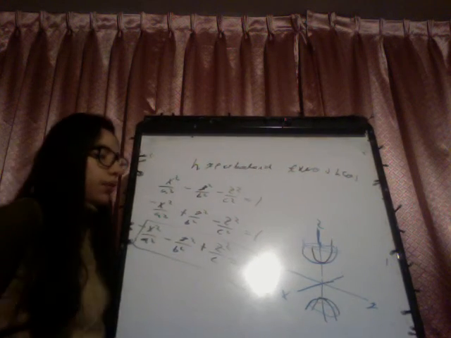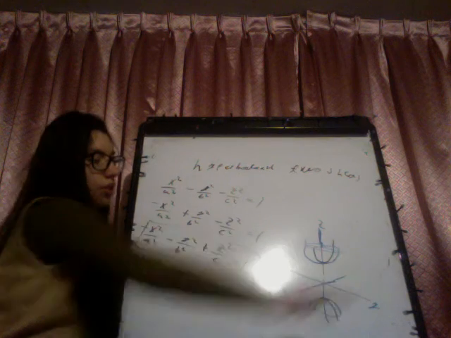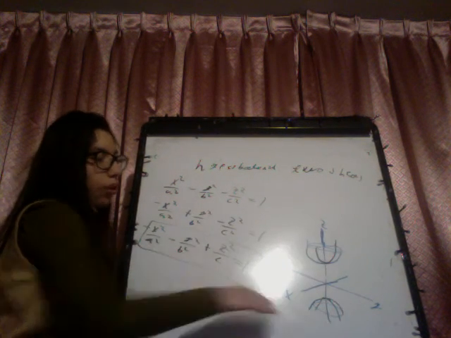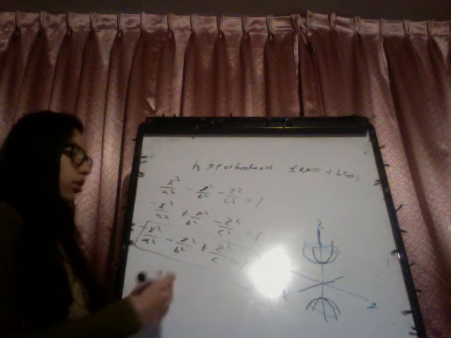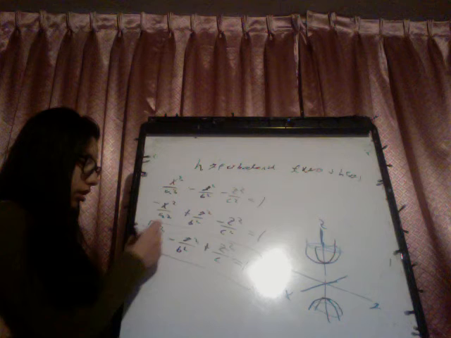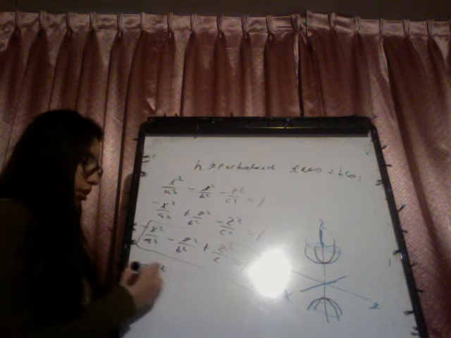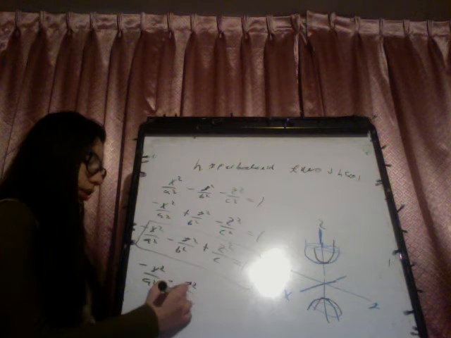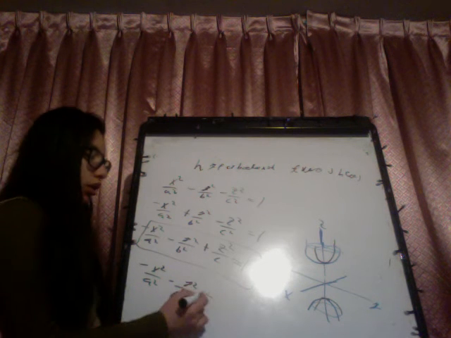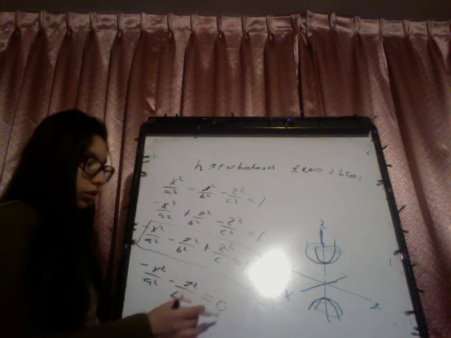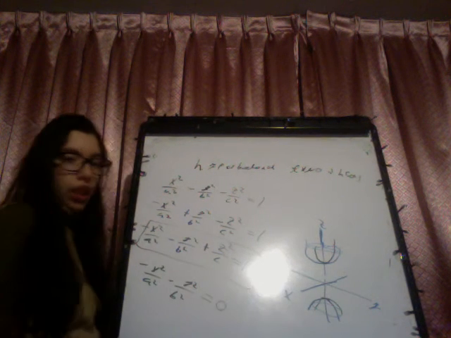Alright, now if you do a cross section, if you are not here but above or below, in order to cut the surface, you have x squared divided by a squared minus y squared divided by b squared equals 0 here if you do it in the xy plane.